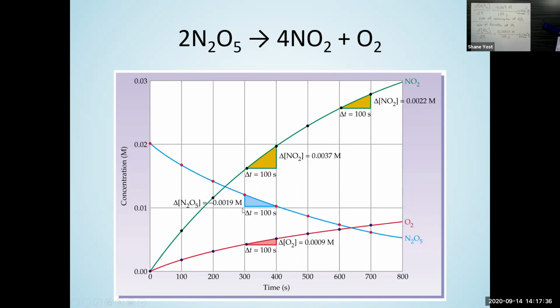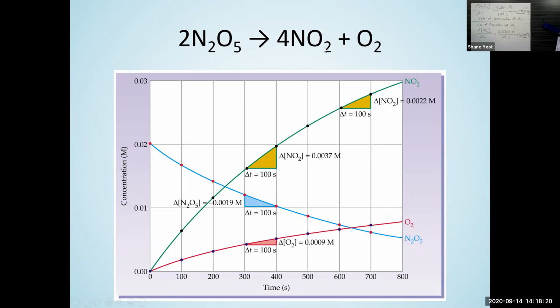So all of these things are related to each other, and these rates of change are related to each other based off of our balanced chemical reaction and the stoichiometric coefficients in that balanced chemical reaction, okay? So we just talked about how N2O5 gets consumed at half the rate of NO2, or NO2 gets formed twice as fast as N2O5 gets consumed. That makes sense based off of our balanced chemical equation. We have 2 N2O5 forming 4 NO2.